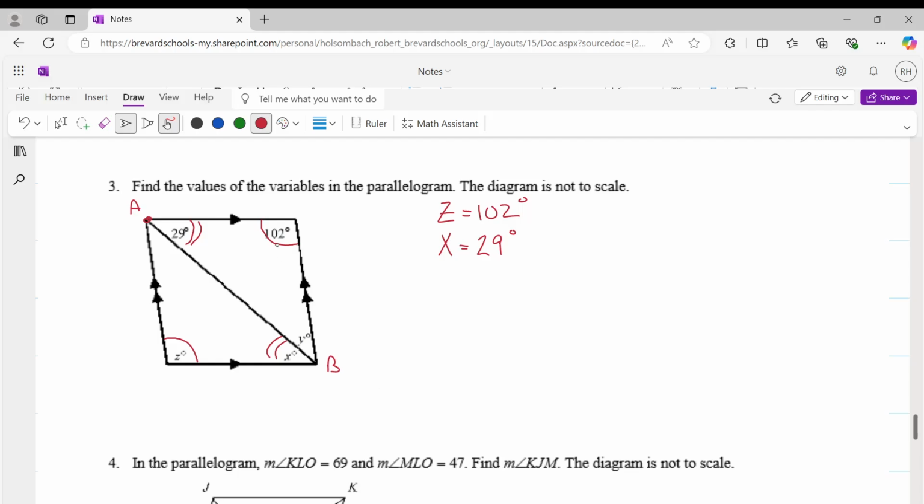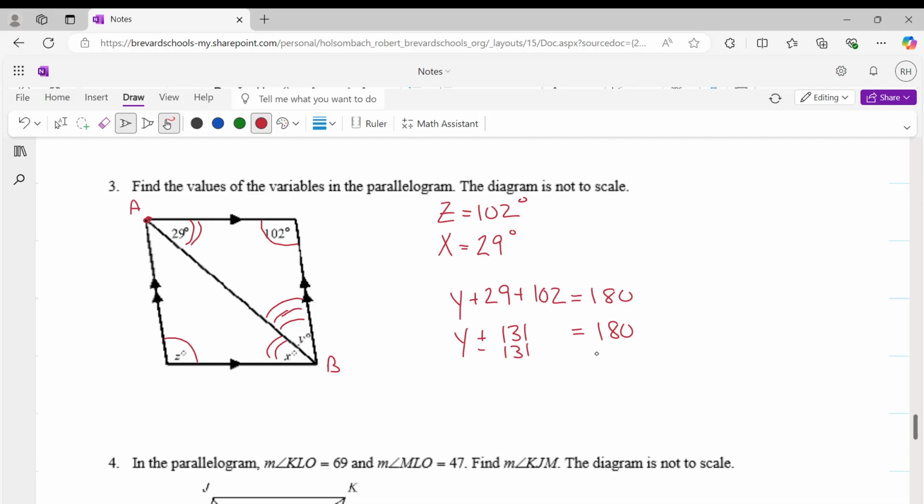Now, in this top triangle here, angle Y is going to be congruent to, well, you don't need this angle up here. Angle Y is the third angle in this triangle. So if we take Y plus 29 plus 102, those three angles have to sum 180. So we get Y plus 131 equals 180.